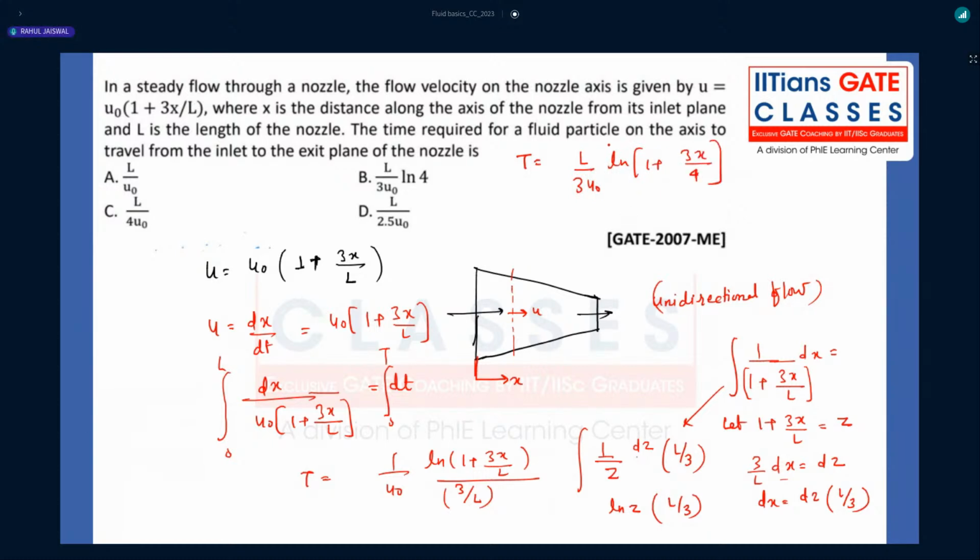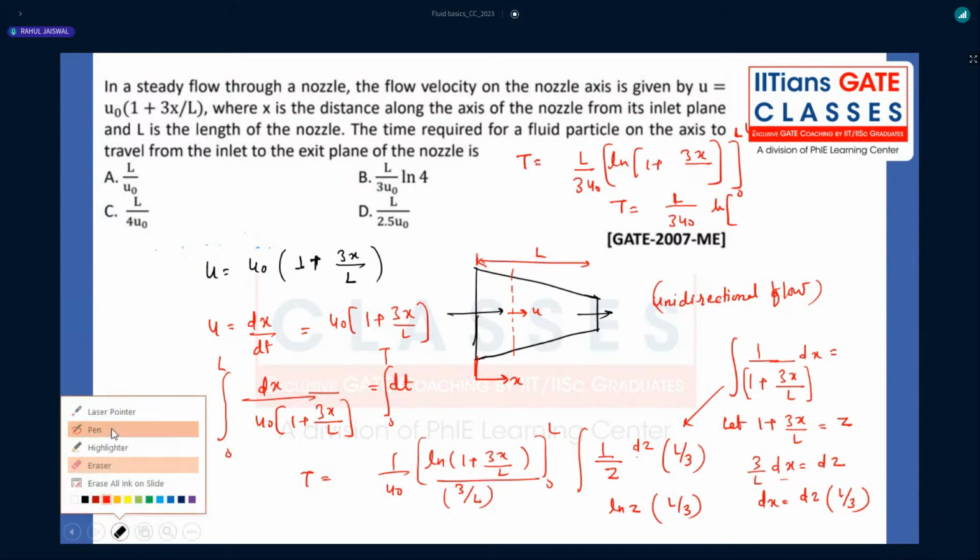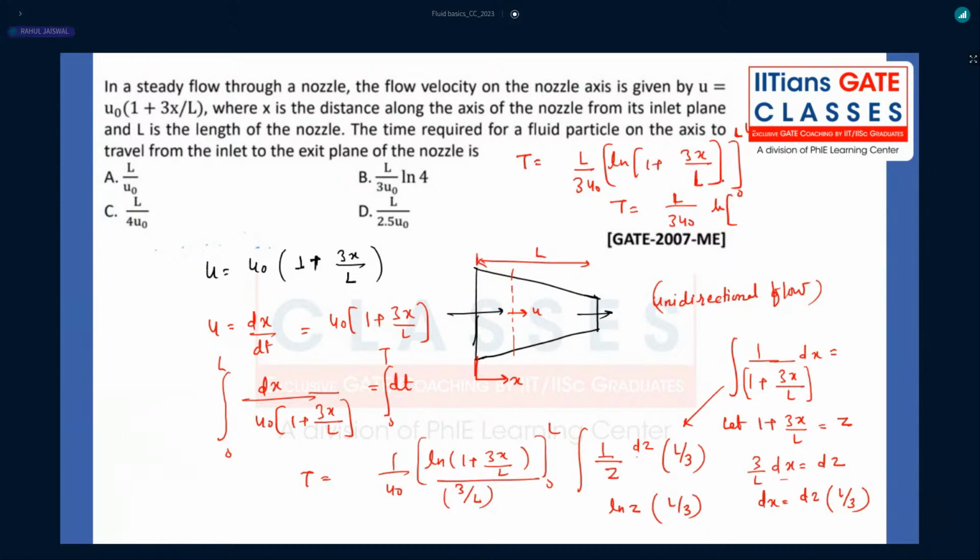But here we have to keep the integration limit from 0 to L. The length of the nozzle they have given is L. So the total time is L divided by 3 u naught ln of, when you put the limit L, this is not 4, this is L. So this will become 3 into L by L, 1 plus 3, that is 4, minus log 1, because x will be 0, so log 1 will be 0.